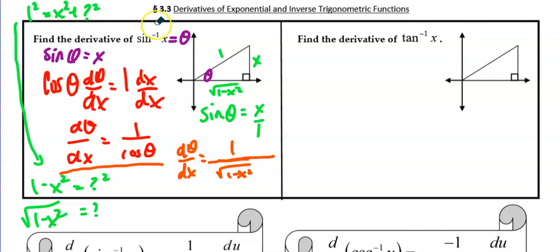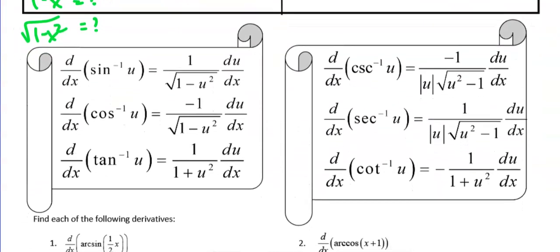And that is the derivative, as you can see in the next problem down here. It's 1 over the square root of 1 minus, in this case, u squared, because now our theta is u. But just with the chain rule, you still have to multiply by the derivative of your u.